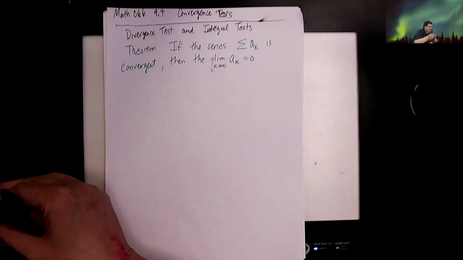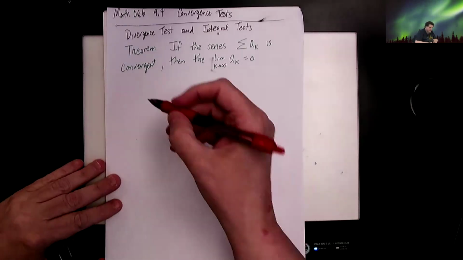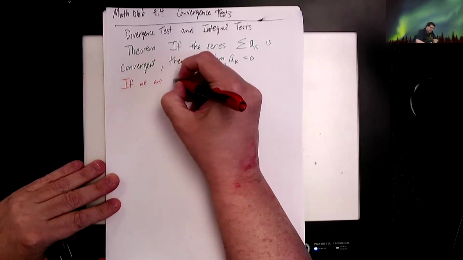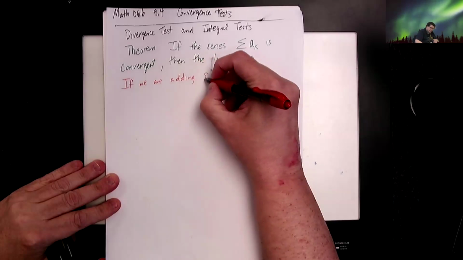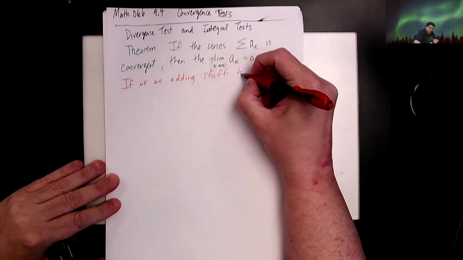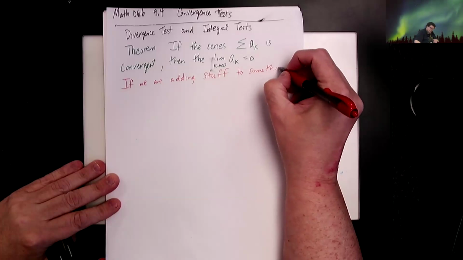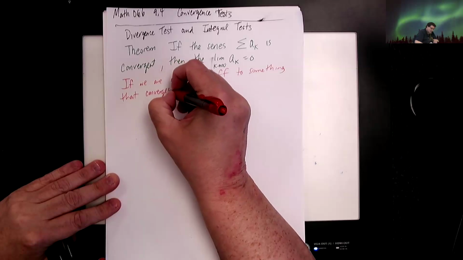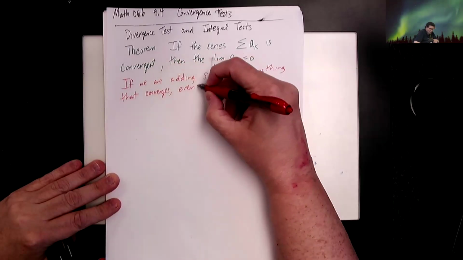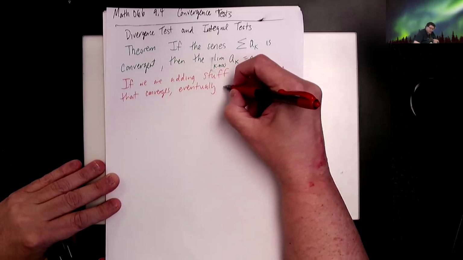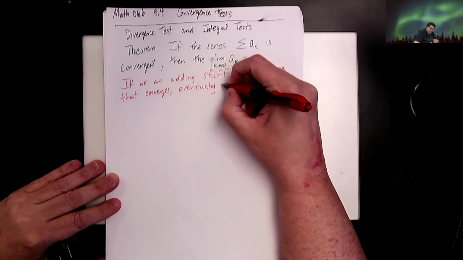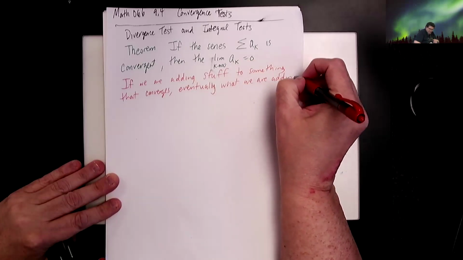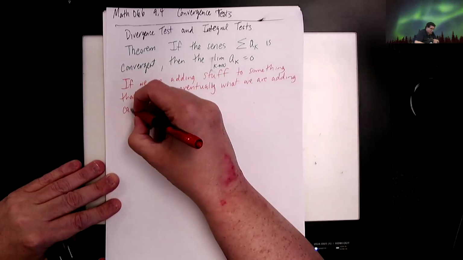Now, hopefully this makes logical sense to you. If we are adding stuff to something that converges, eventually what we're adding can't affect the total.